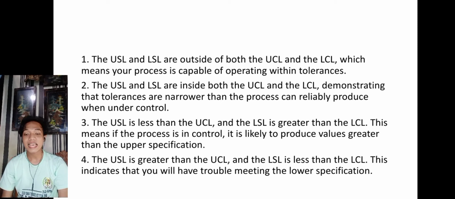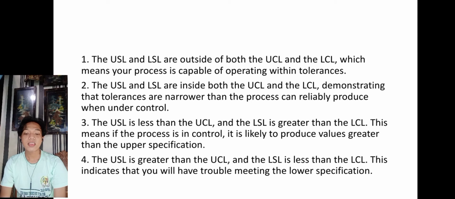Second, the USL and LSL are inside both the UCL and the LCL, demonstrating the tolerances are narrower than the process can reliably produce when under control. Third, the USL is less than the UCL and the LSL is greater than the LCL.